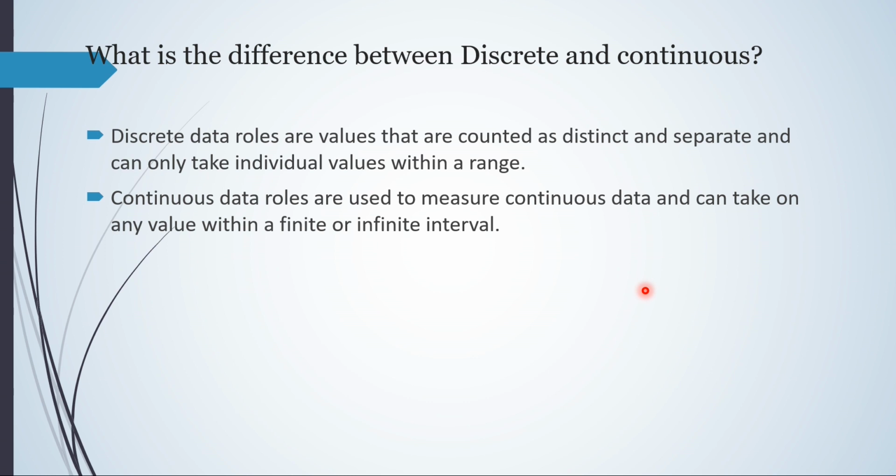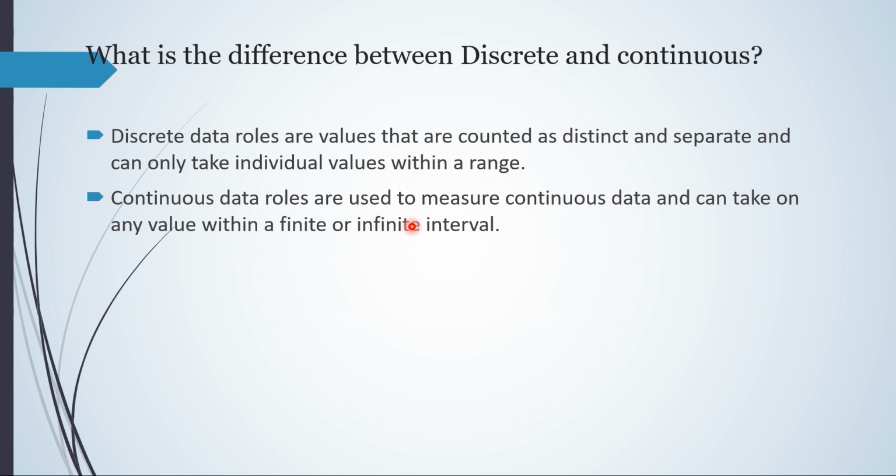What is the difference between discrete and continuous? Discrete data roles are values that are counted as distinct. They are distinct or separate and can only take individual values within a range. So discrete means distinct or separate values.